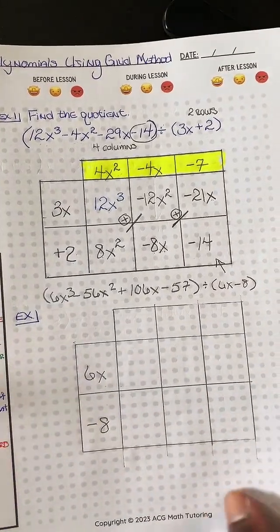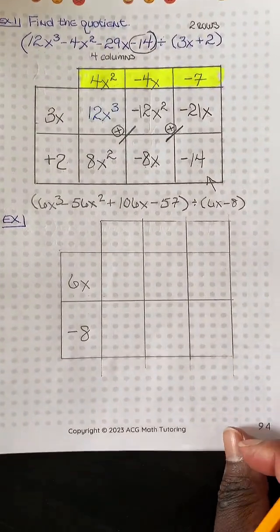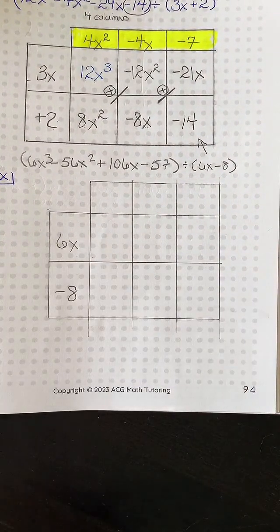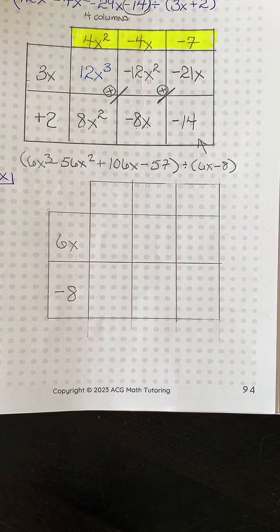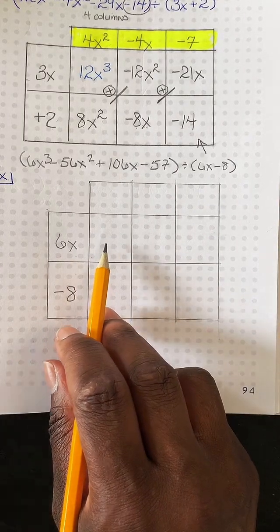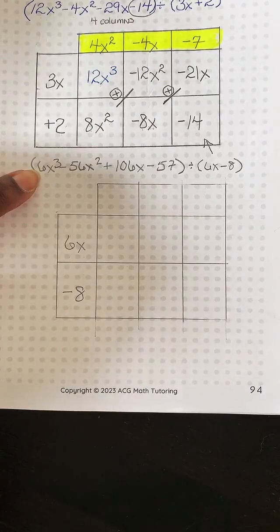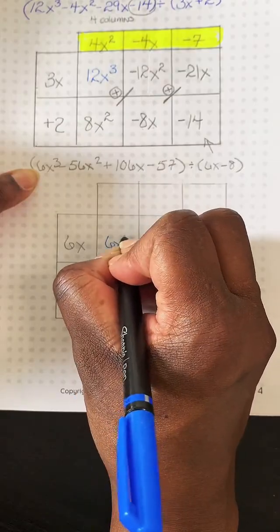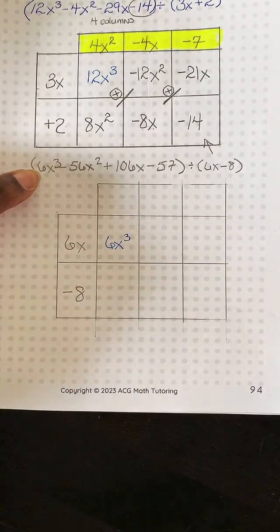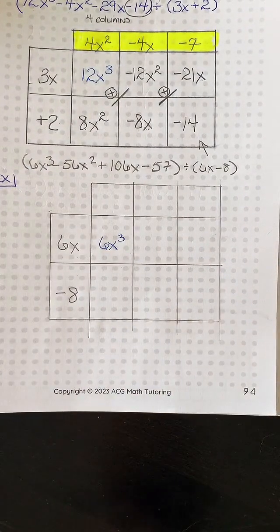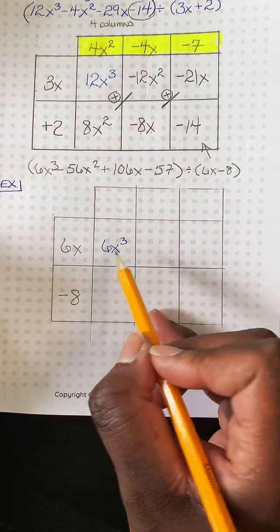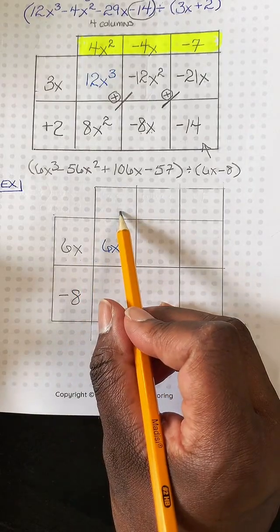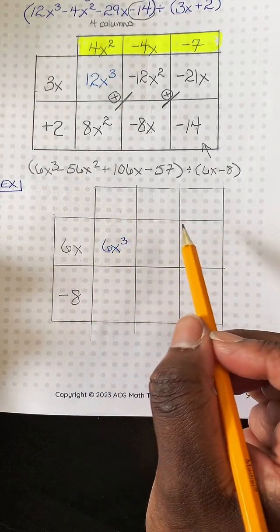Move this up a little bit. There we go. So we always start with the first term right here. So that 6x cubed is starting us off. From here, we got to think: 6x cubed divided by 6x will give me what?